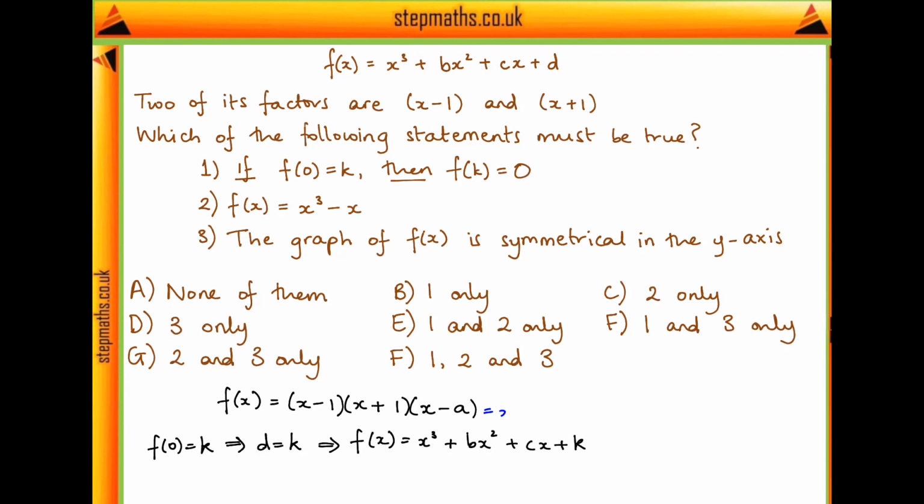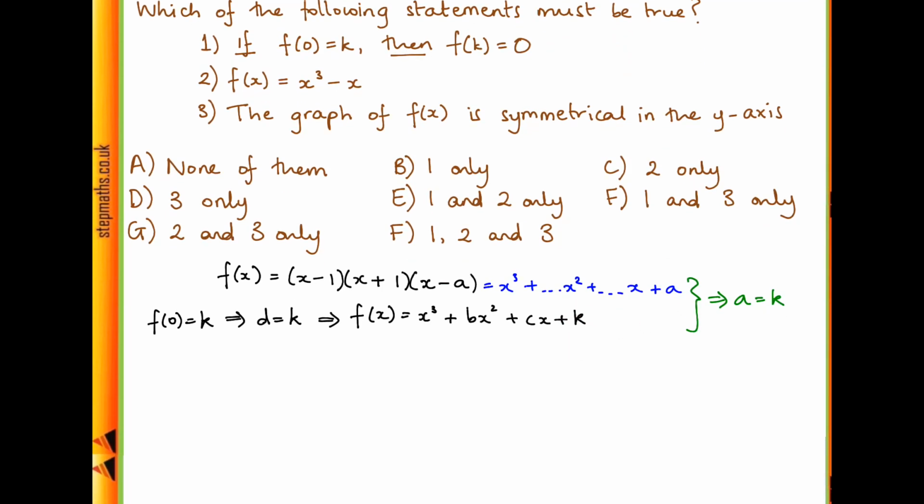So I'd get x cubed plus some x squared term plus some x term, and then for the constant term we have minus 1 times plus 1 times minus a, so that would be plus a. And now if we compare the coefficients in these, we see that actually, yeah, a would be k. So we would get that k is one of our roots. So if f of 0 is k, then f of k must be 0. So this first statement must be true.